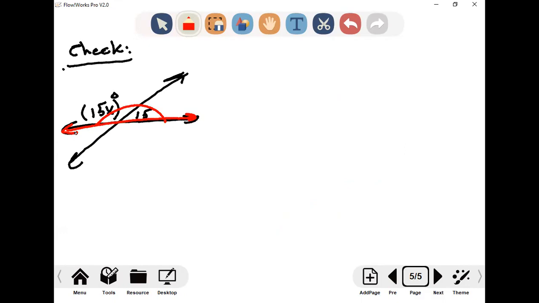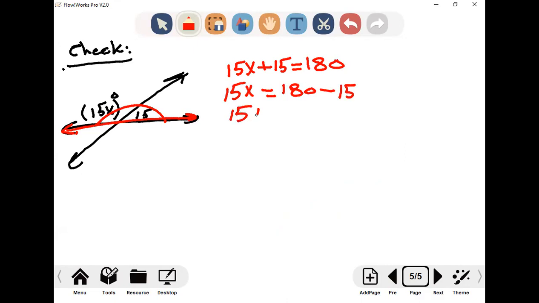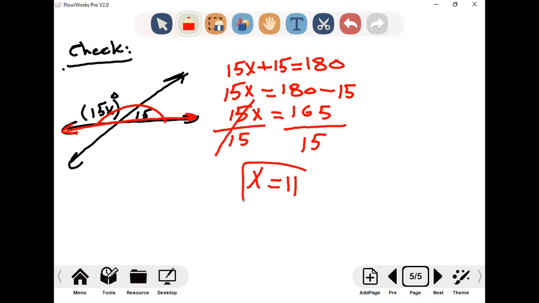You need to know that the measure of the whole angle is 180. So if you add them: 15x plus 15 equals 180, 15x equals 165. Divide by 15, divide by 15, x will be 11. Do you understand? Good boy.